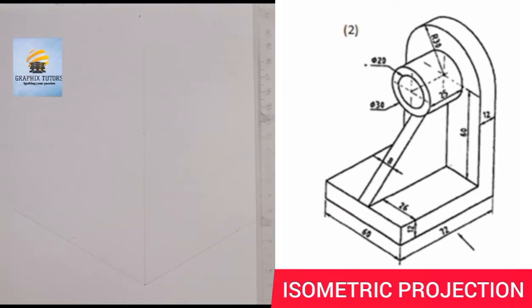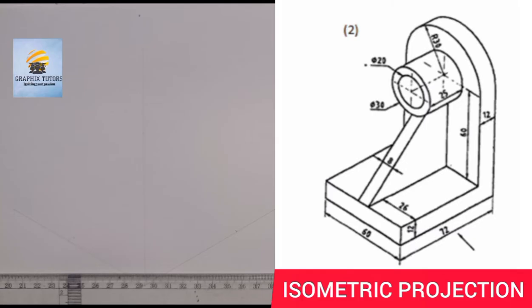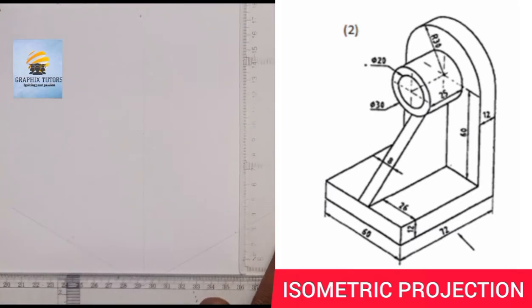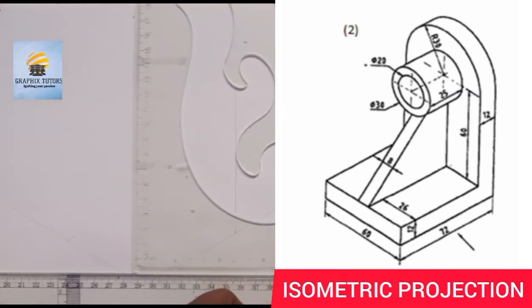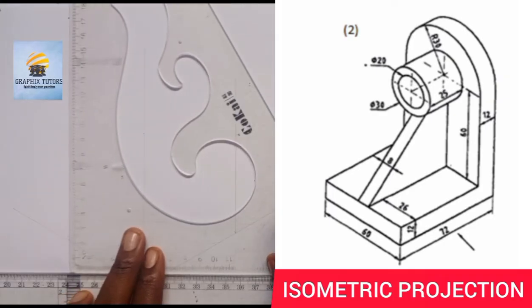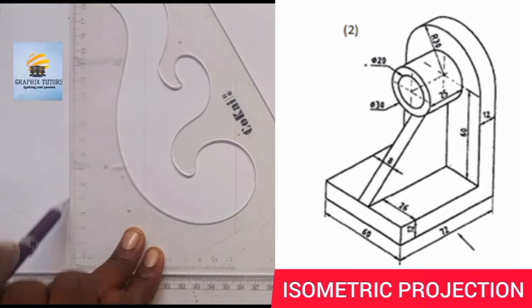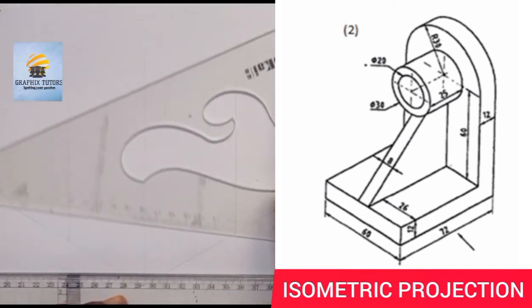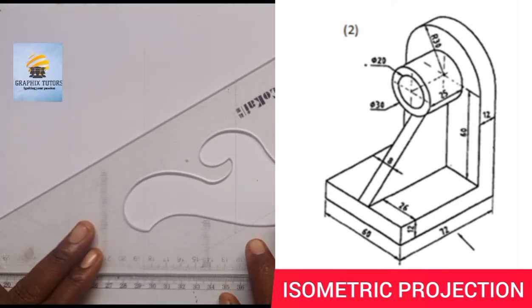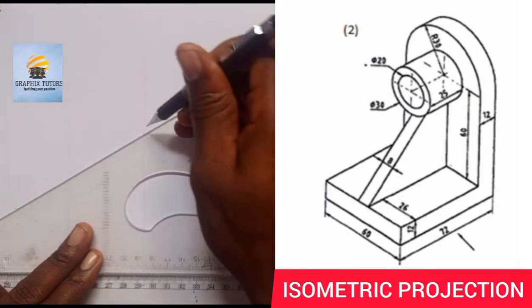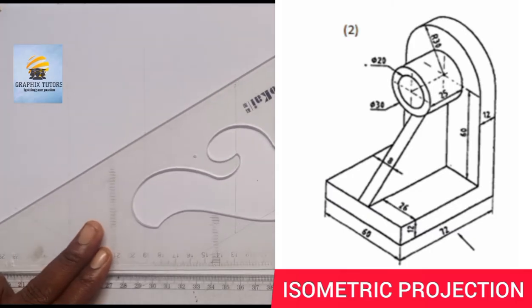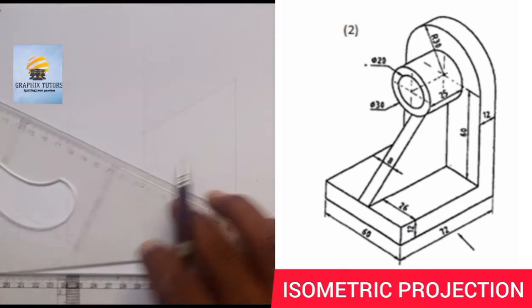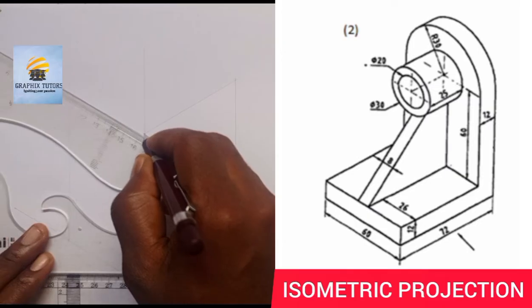So after you've done that, you will now use those points to form a box. Place it on your T-square this way, right, and draw a vertical line. You move it to the other side and draw the other vertical line on that point. Then you slide it down this way and you draw this line that is parallel to the other one here, and you switch it this way and you draw this also.